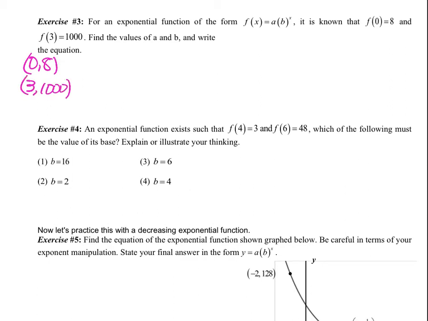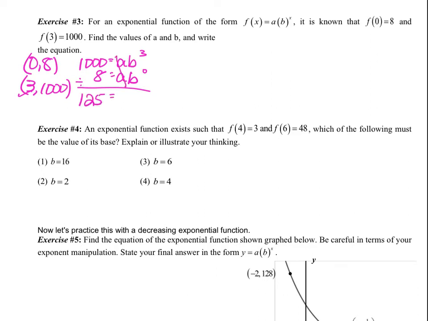So to get that formula, I'm going to plug them both in. I'm going to put my larger x on top. So I have 1,000 equals a b to the third. And I have 8 equals a b to the 0. And now I'm going to divide those. So 1,000 divided by 8 is 125.